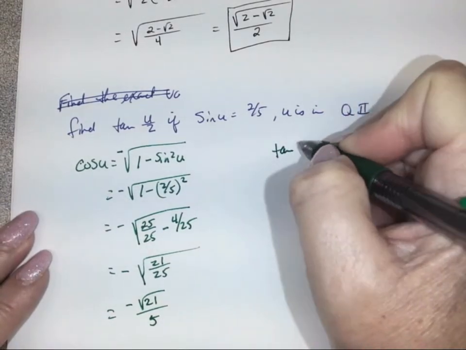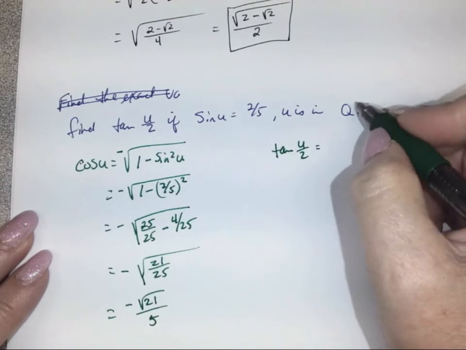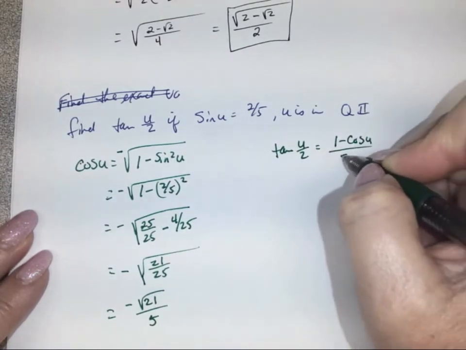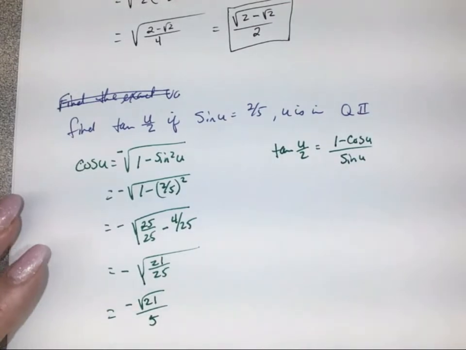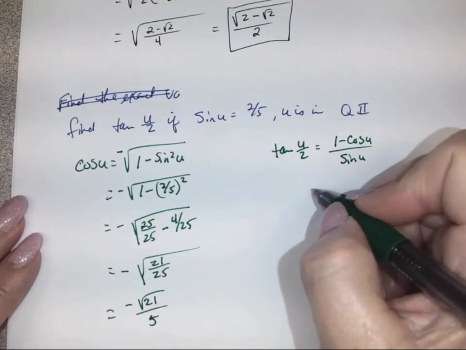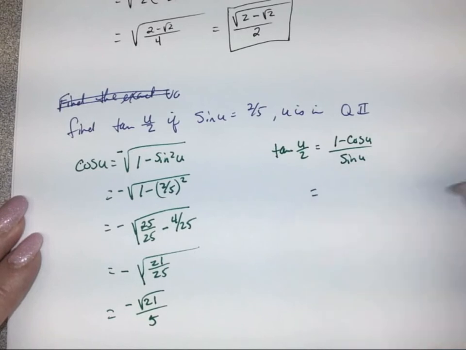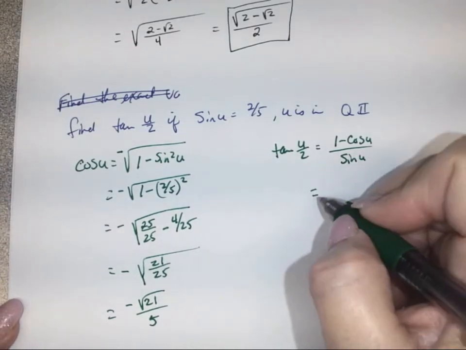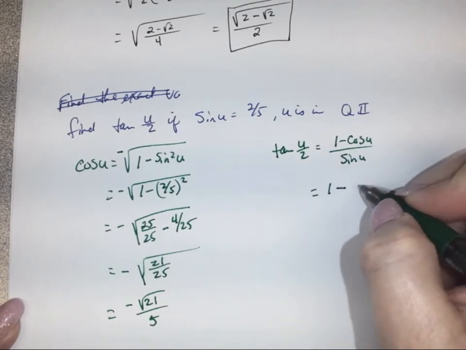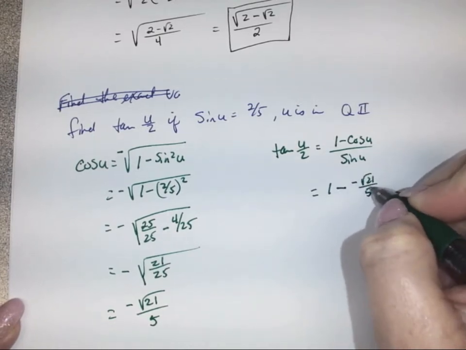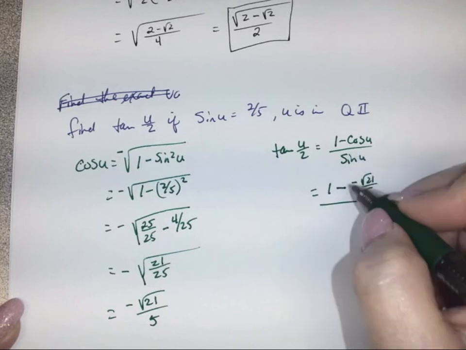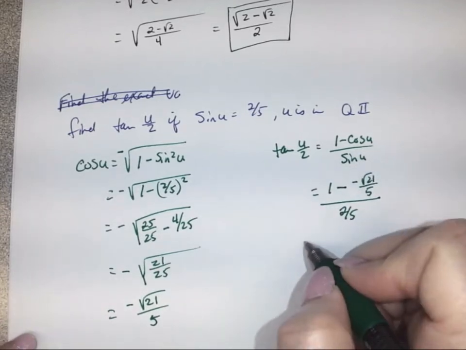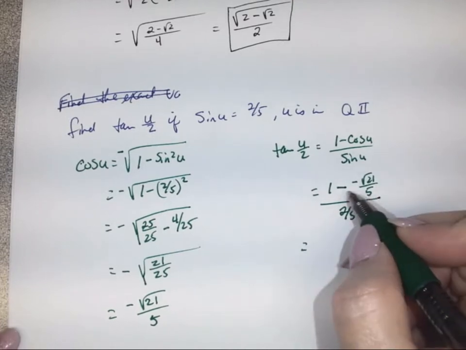So the tangent of u over 2 will be equal to 1 minus cosine u over sine u from our half angle formula. So this will be equal to 1 minus our negative square root of 21 over 5, divided by 2/5. So we have to get a common denominator again.